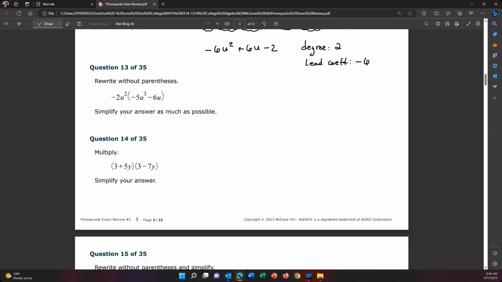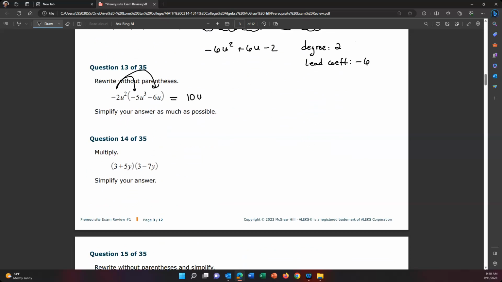All right, let's finish this out. We have some distribution again. It seems like we're really practicing this particular skill. We are distributing the negative 2u squared over this parentheses. This really wants us to test that negative times a negative skill. That becomes positive 10.